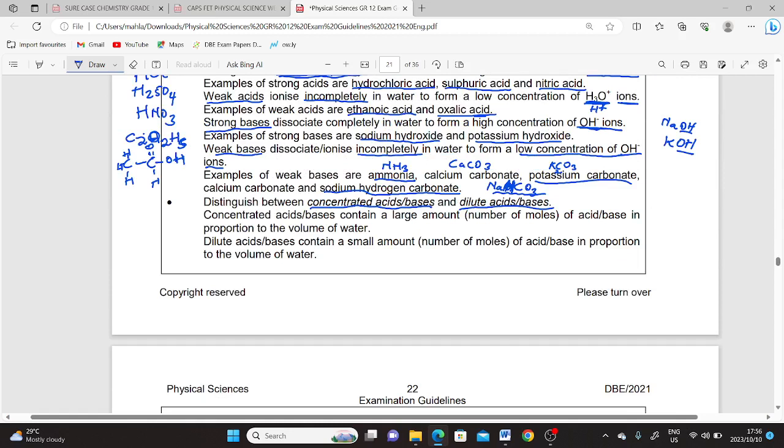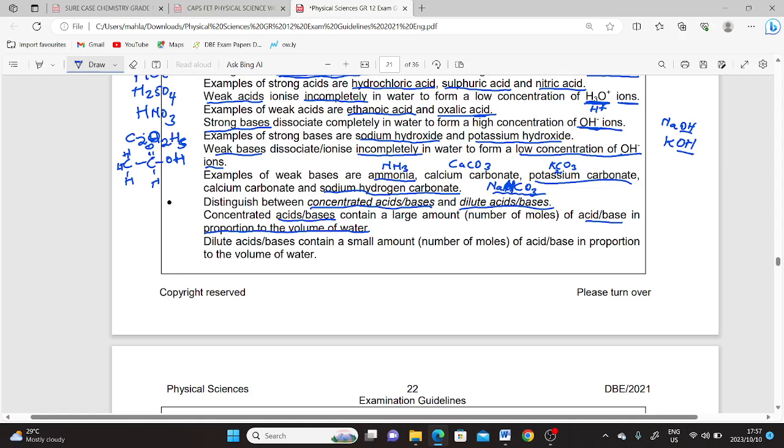When it says concentrated acid or base, it means it contains a large amount of acid or base in proportion to the volume of water.